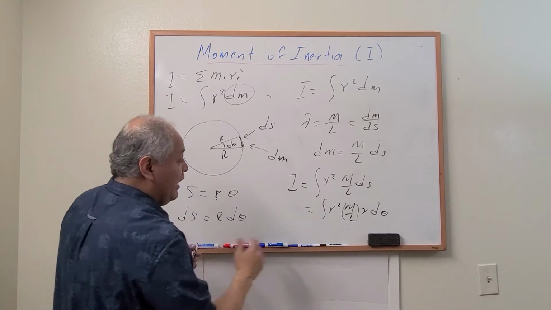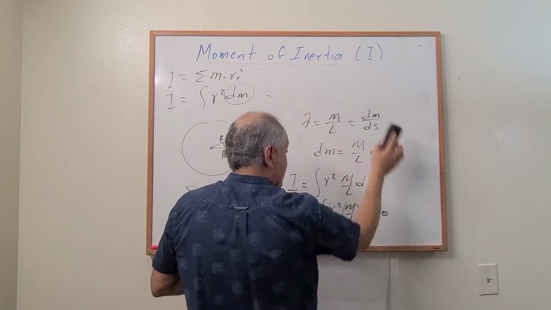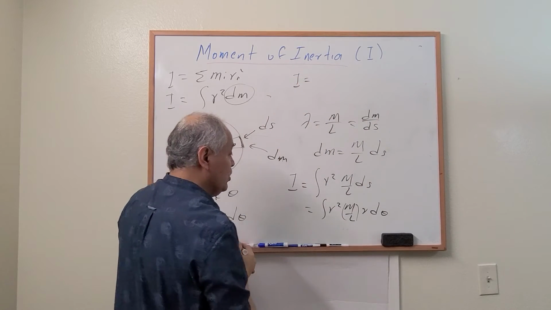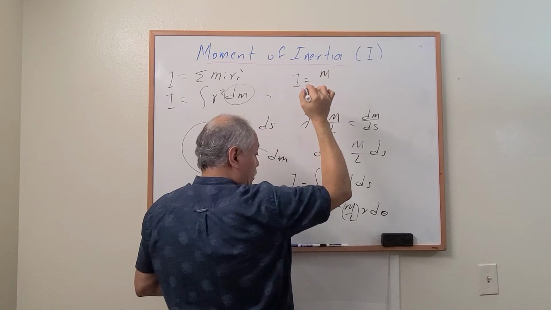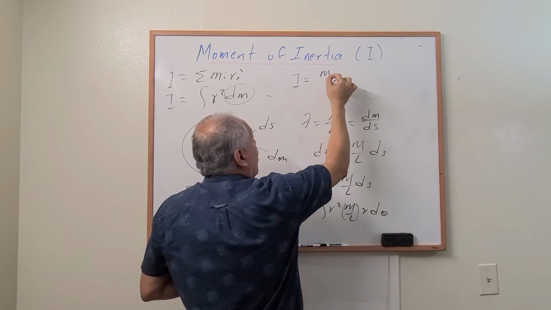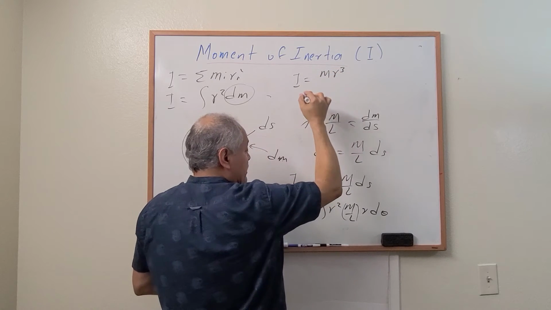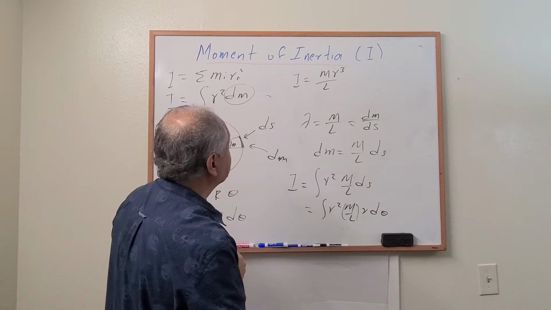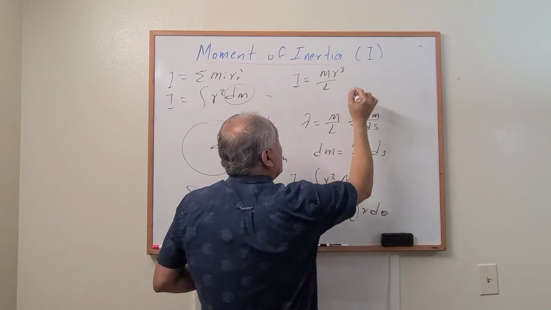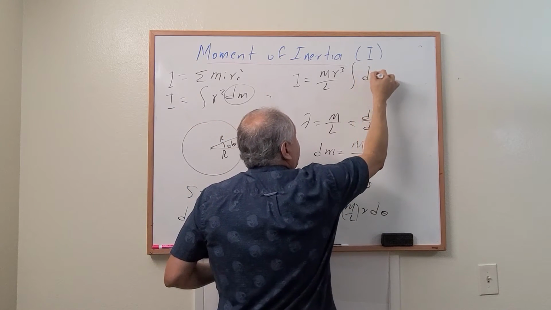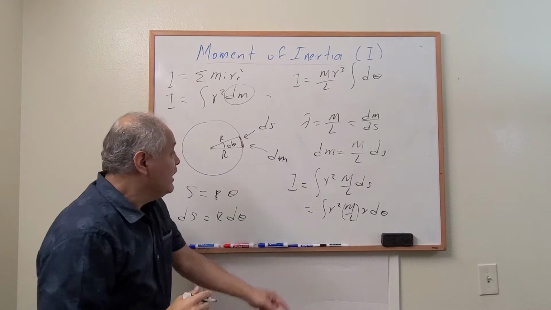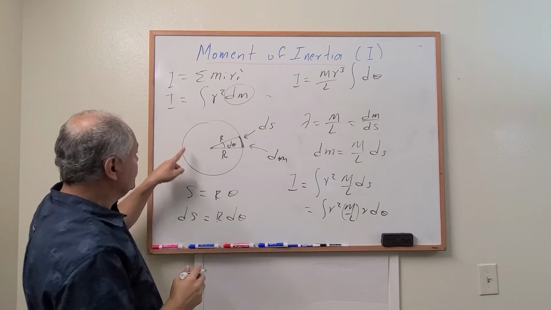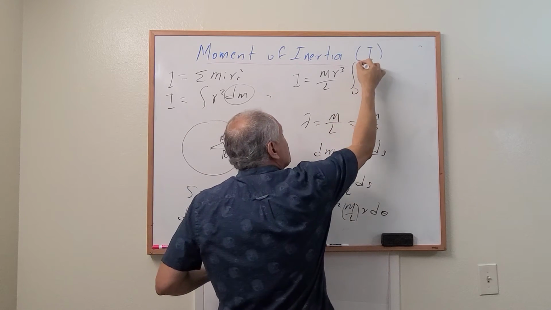Now the moment of inertia is equal to m r cubed over L times the integral of d theta. Theta goes from 0 to 2 pi.